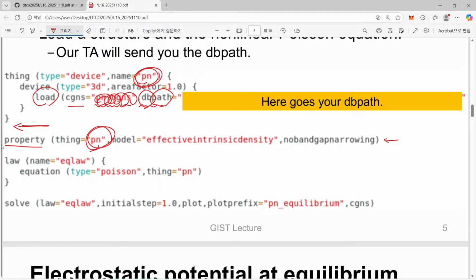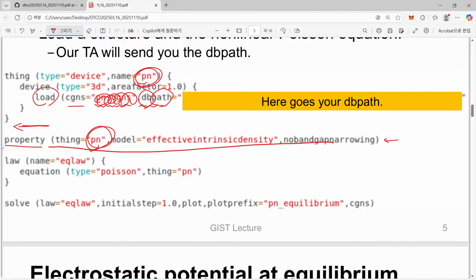If you don't specify anything, then you don't have any specific model. That is the general way. If you don't specify the mobility of your electrons and holes, it means you will use just constant mobility for them. That is quite simple. However, there is one single exception, shown here.